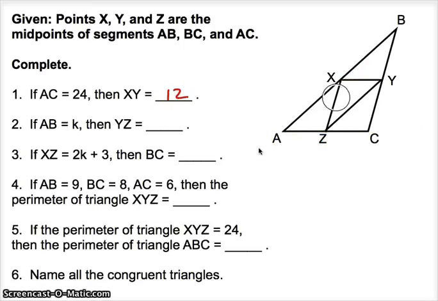Looking at number 2, it tells me that AB is k, so all the way from A to B is the value k, and it wants to know how big is YZ. Well, YZ is connecting the midpoints, so it would be half of that, so it's just half k.